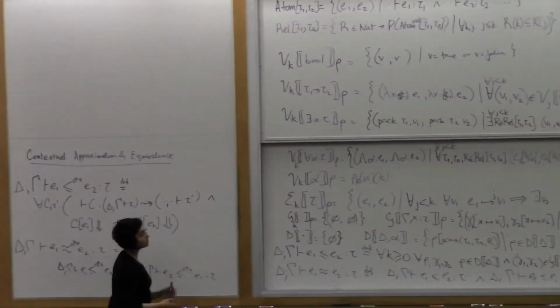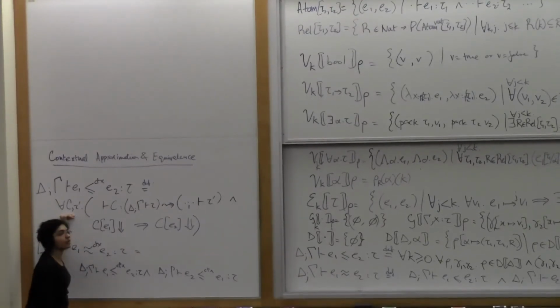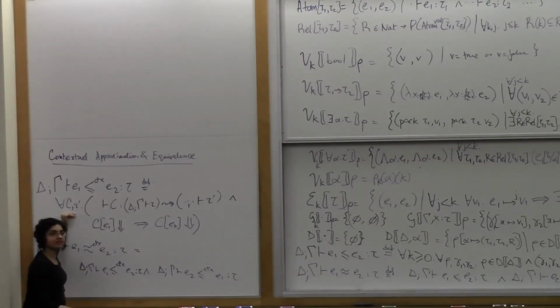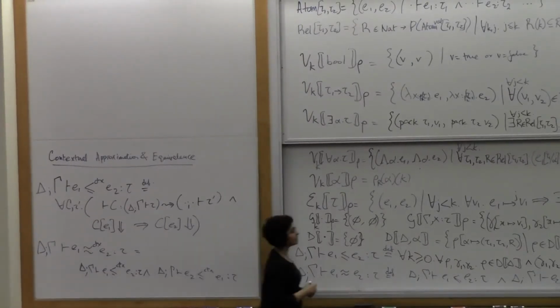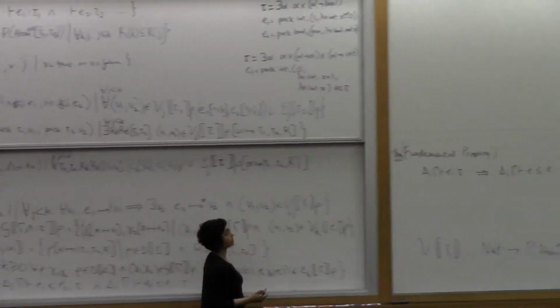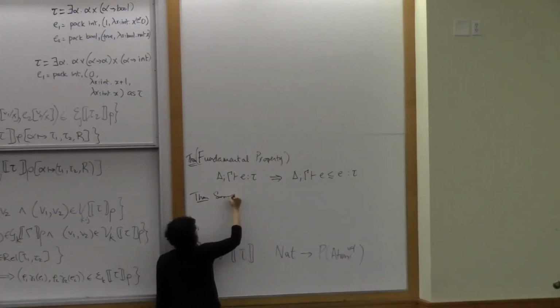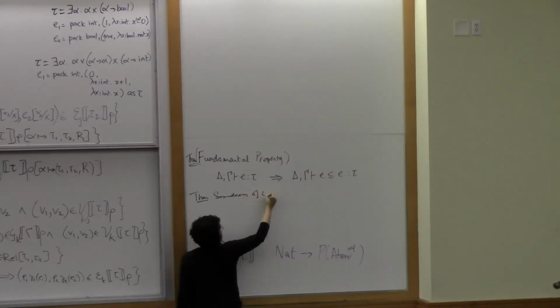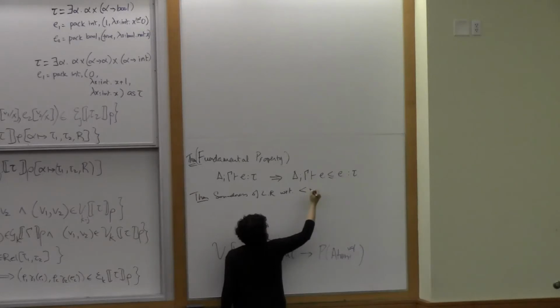But proving contextual equivalence directly is too hard because it requires you to do this quantification over all possible contexts, and that's not tractable. So this is supposed to be our tractable proof method, but we have to show that it's sound with respect to contextual equivalence. So the next theorem that we want is soundness of the logical relation with respect to contextual equivalence or approximation.